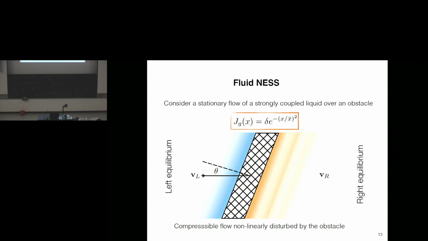We have a codimension 1 obstacle. This codimension 1 obstacle could be oriented at some angle theta to the incoming flow. But it is most easily modeled... well, let me just say that this will disturb the flow and it will give us a different right equilibrium. And the way that this right equilibrium is approached could be a pure decay or it could be a symmetry, as is, for example, indicated here.